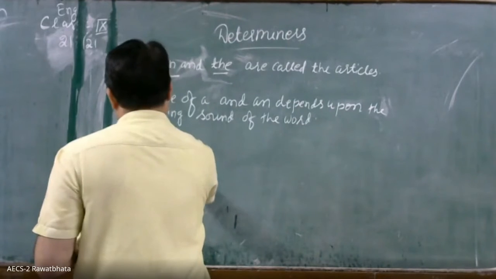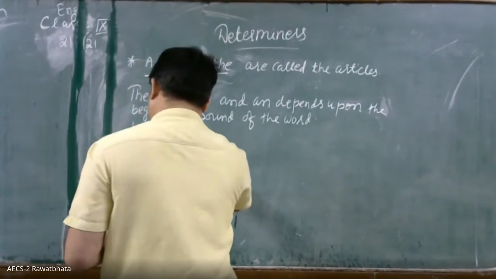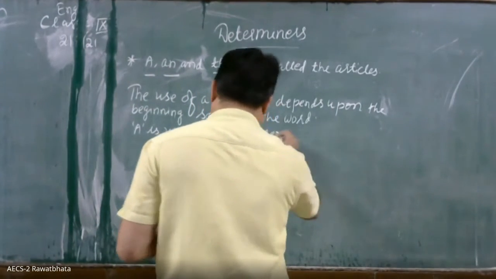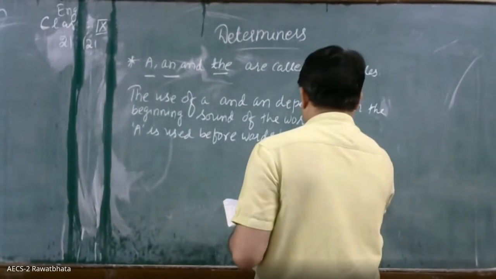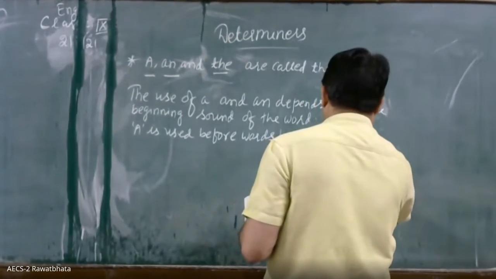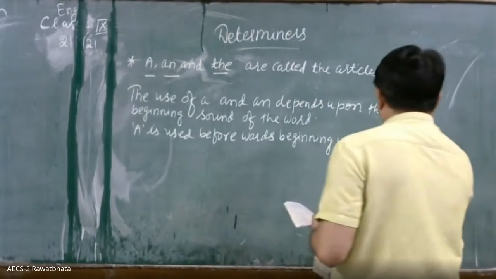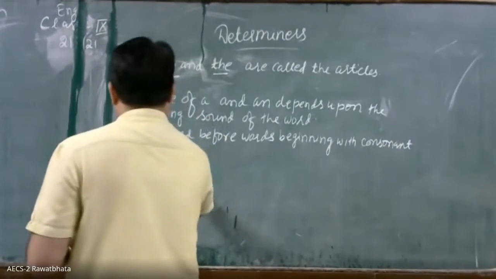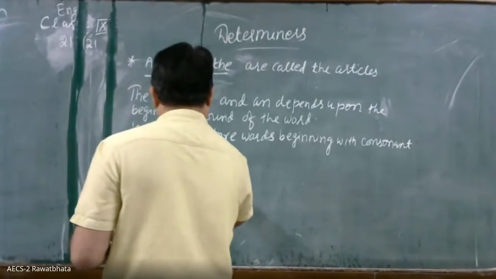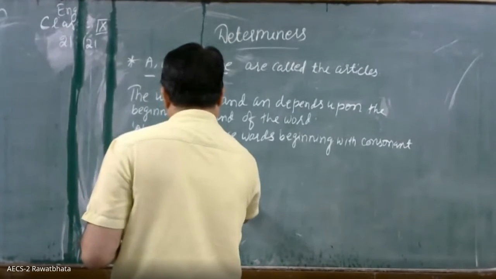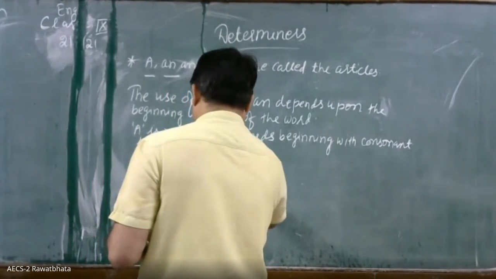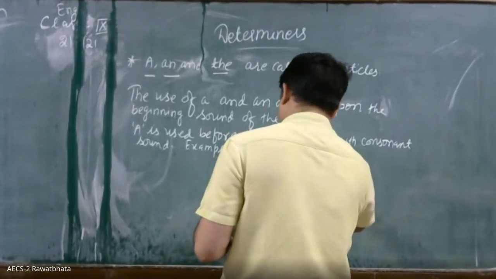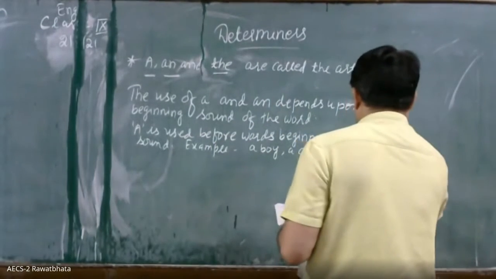A is used before words beginning with a consonant sound. Okay, you write. Example: a boy, a car, a washing machine.